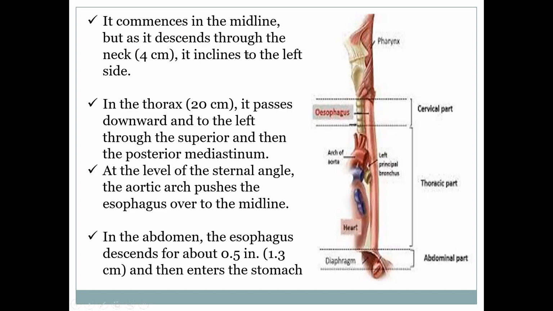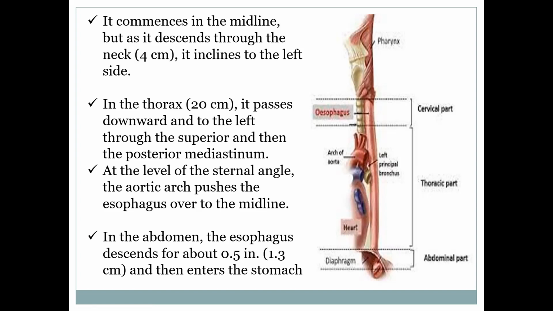So, it commences in the midline, but when it descends through the neck, it slightly inclines to the left side. So, in the thorax, it passes downwards and to the left side. First through the superior mediastinum and then through the posterior mediastinum.